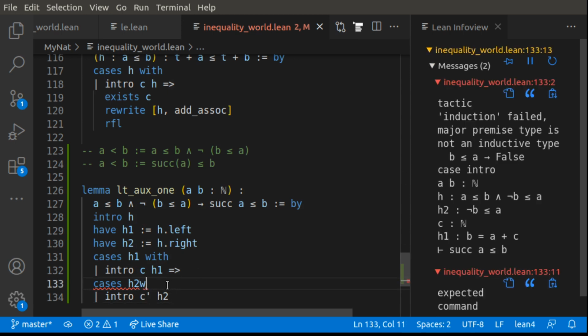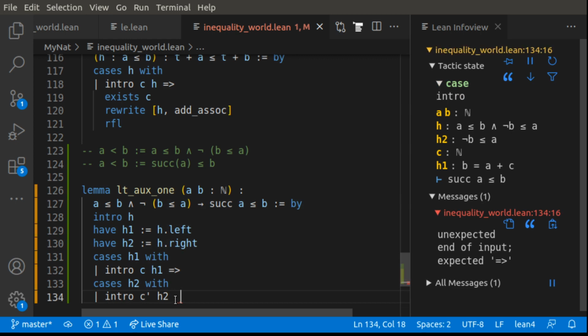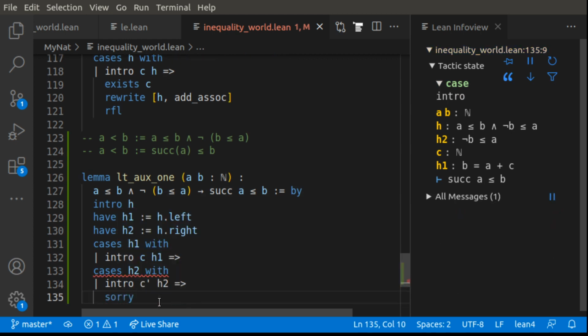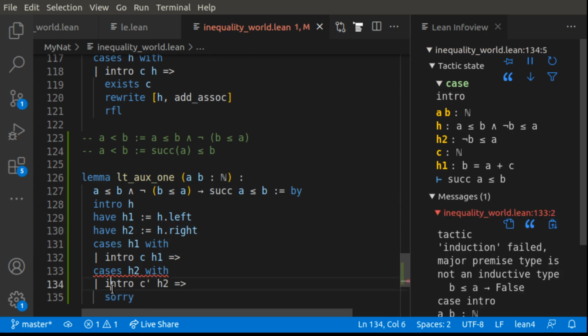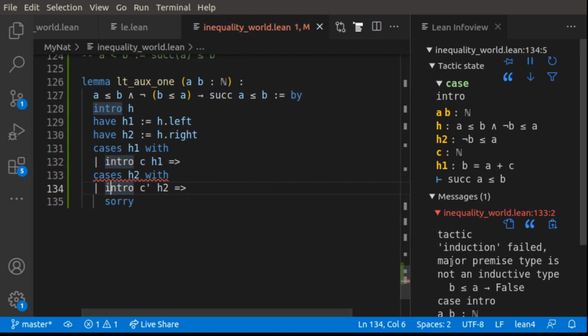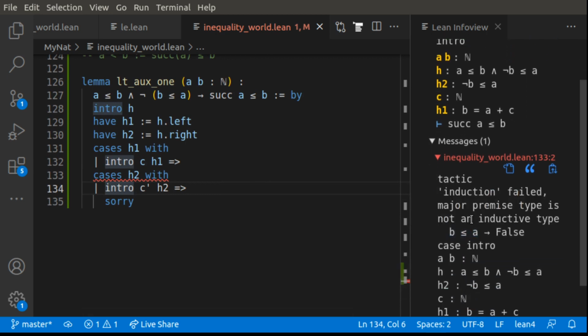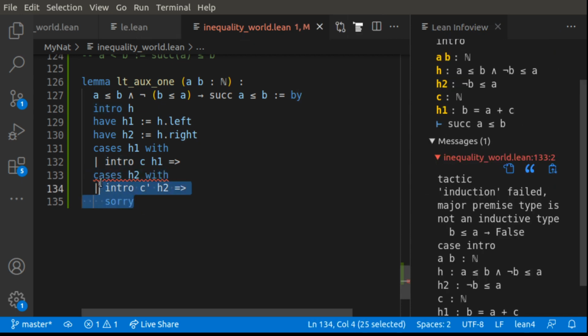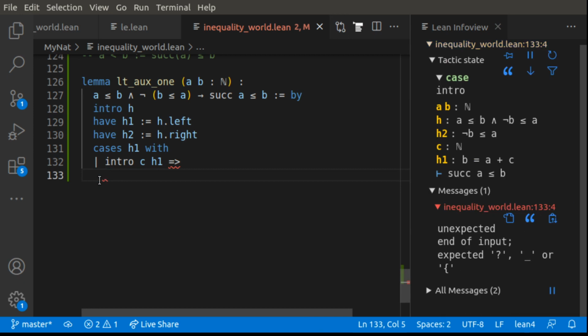Oops. No, we can't turn b less than or equal to a, okay. This is b less than or equal to a implies false. That's fair.